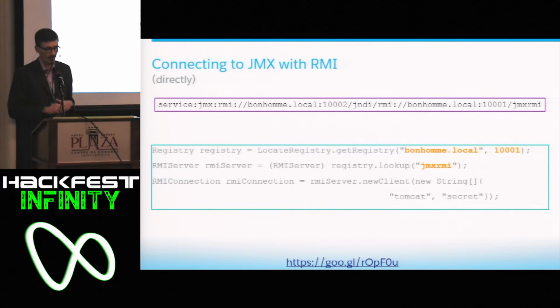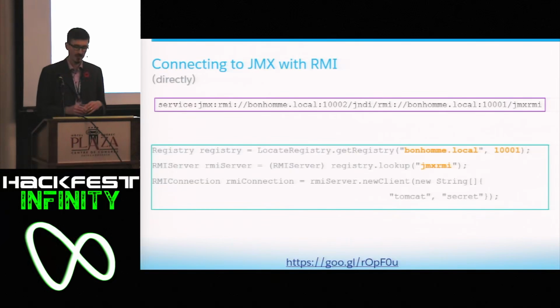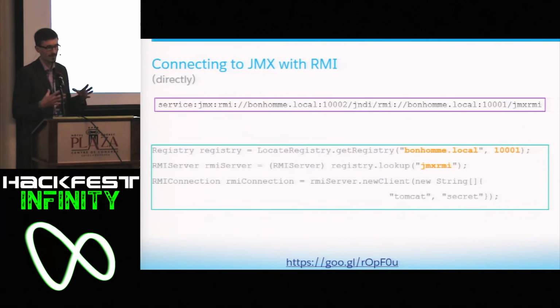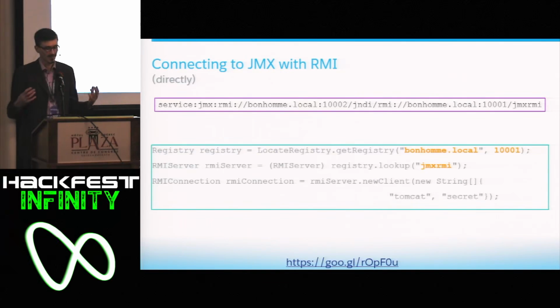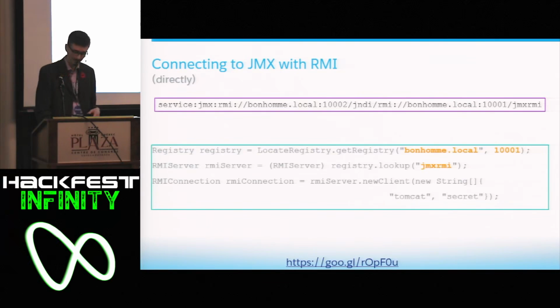You first locate a remote registry with a port and a host name, and then you just look up a symbolic name, jmxrmi, and you cast it to whatever interface you're expecting, RMIServer in this instance. Then you can call the newClient method on it, and you pass in your credentials by way of an array of two strings, the username and the password. That is basically the equivalent of using the very long, convoluted but future safe JMX connection string, right?